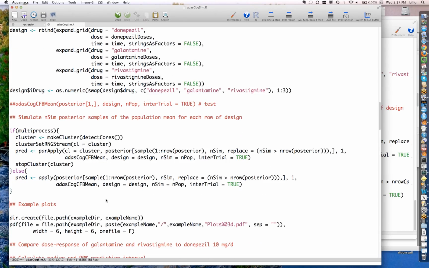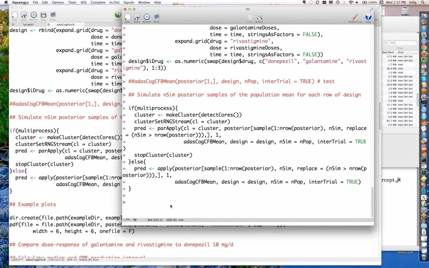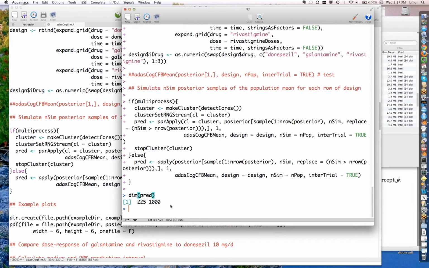So at this point, what we've got is a matrix of posterior samples for our population means. If we take a look, for instance, at the thing we just created, which we called PRED, we've got our 225 rows, which happens to correspond to the number of rows we had in our design matrix, unless I made a boo-boo somewhere.